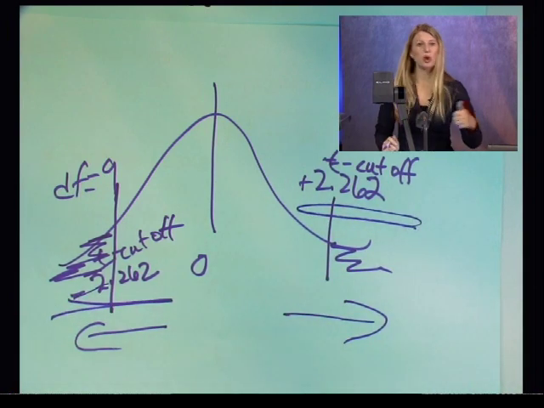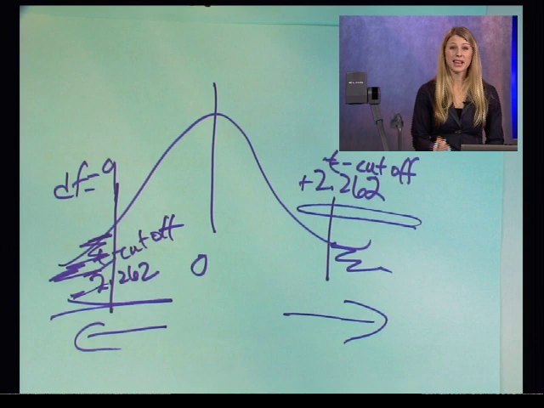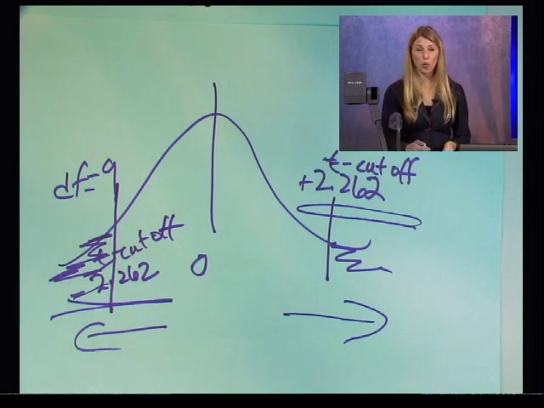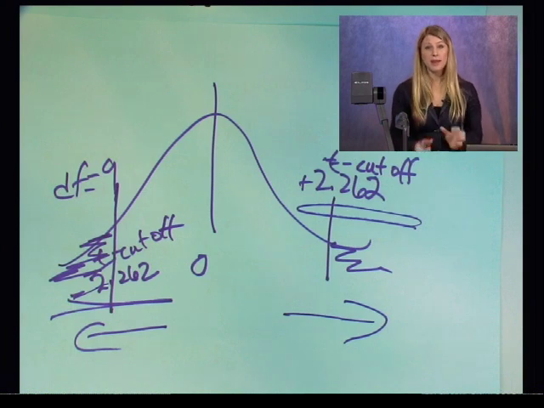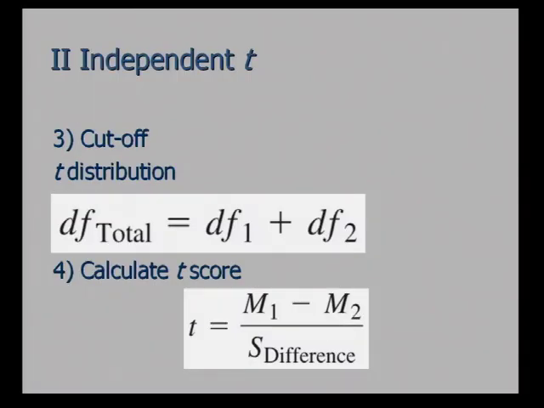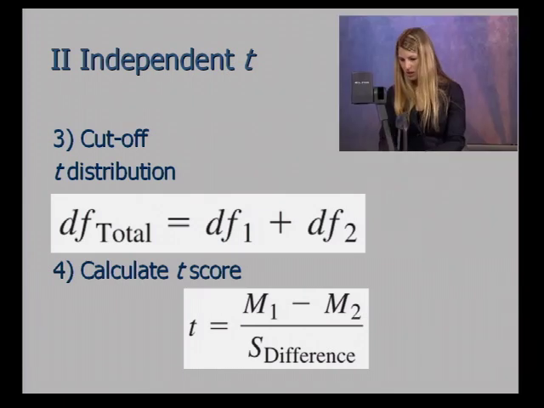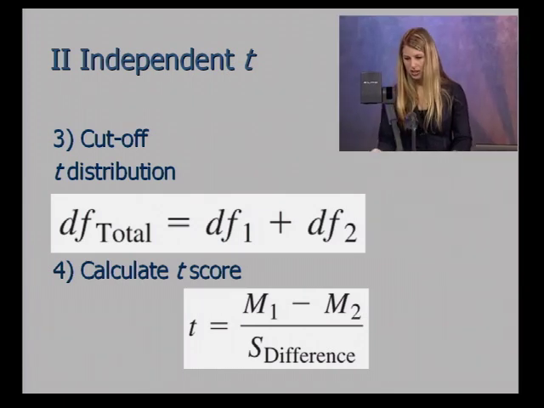Now the next step, if you go back to the PowerPoint, is to calculate your actual T score. This is your test statistic. This is the difference between your two sample means divided by that pooled difference of all possible means. So you've already calculated that bottom part of your test statistic. That's the 2.07. So now back to the drawing board.